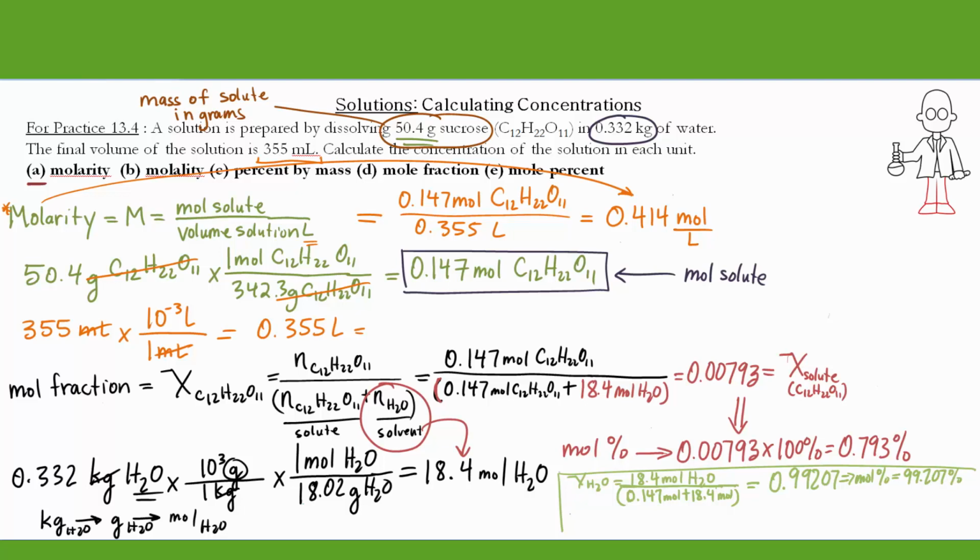So recall that the mole fraction of the solute plus the mole fraction of the solvent is equal to 1. So this is true in that chi of C12H22O11 plus chi of H2O is approximately 1.